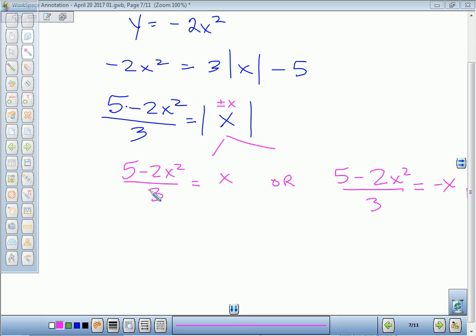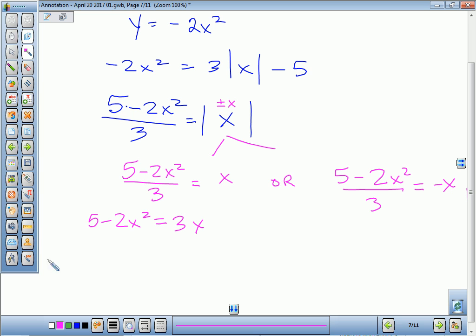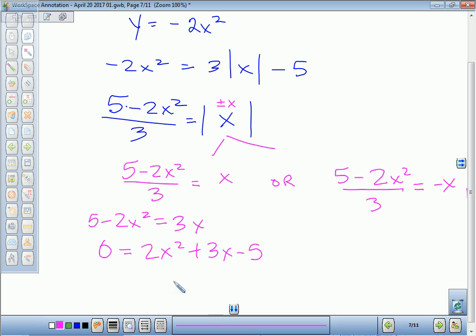So, easiest thing to do is multiply by 3. And then it's a quadratic, so we set it equal to 0. I'm moving the squared over because I really like for my squared term to be positive. It's much easier for me to factor when it's positive. And I know that 5 take away 2 is 3.